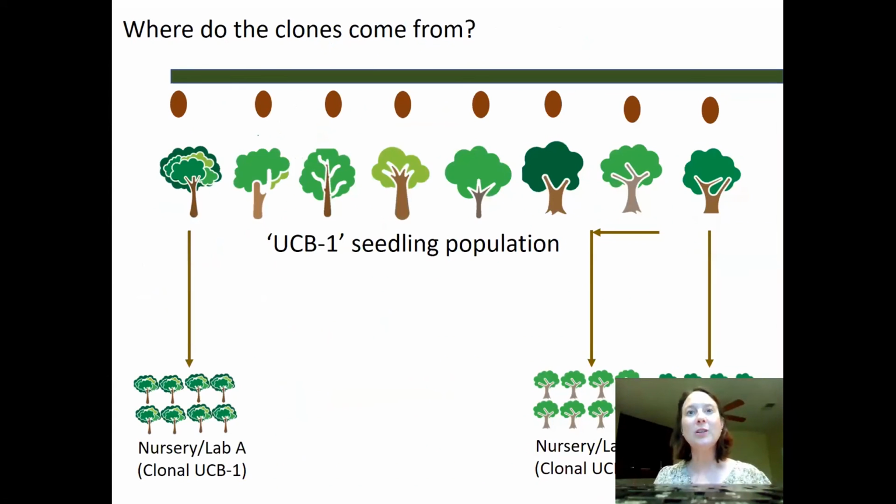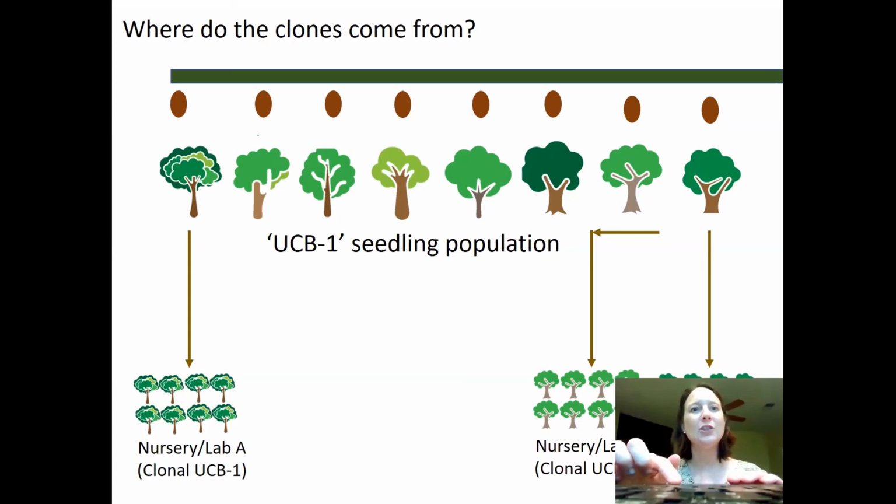So where do these clonal lines come from? Well, they all start with a seedling population. So here's an example of how you can end up with multiple clonal lines of UCB1. We start with the UCB1 seedling population, and I use icons to suggest that there are some different genotypes and slight phenotypic variation among seedlings.